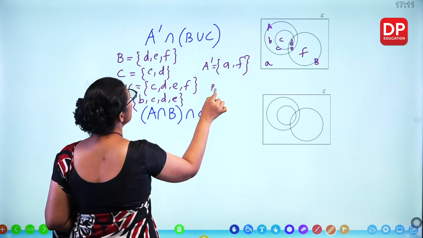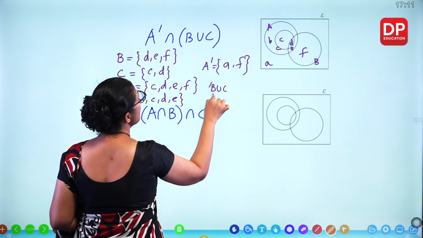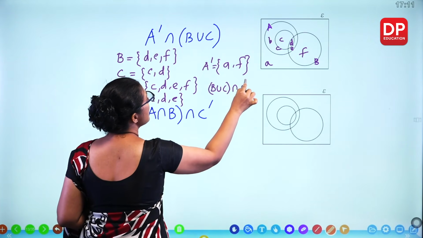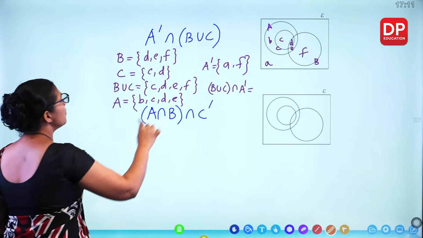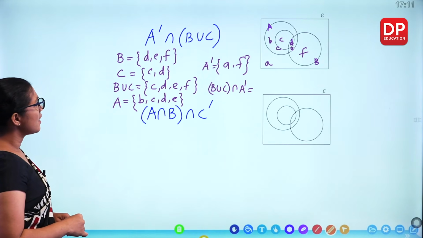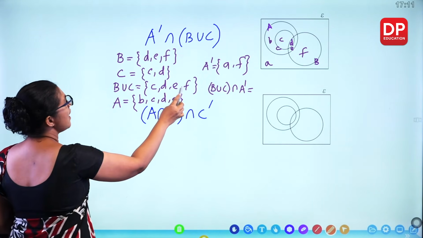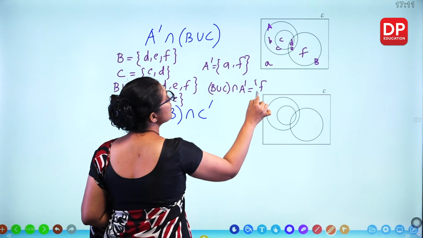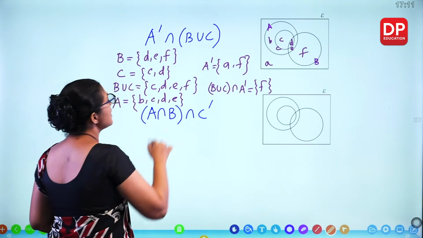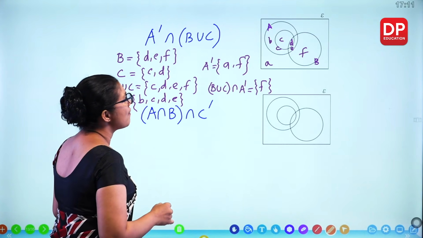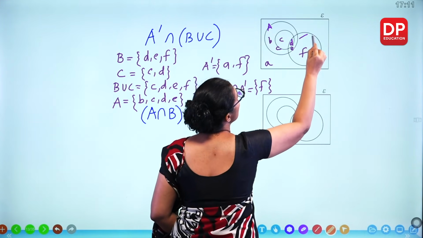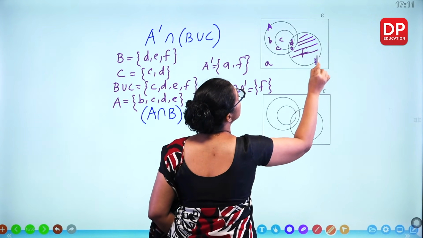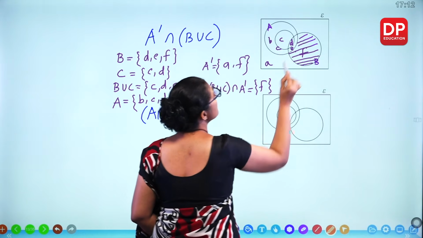So B union C intersection A dash. These two, what's common? F is common. That's all. So that's the region satisfying this one, F. So you need to color this region.